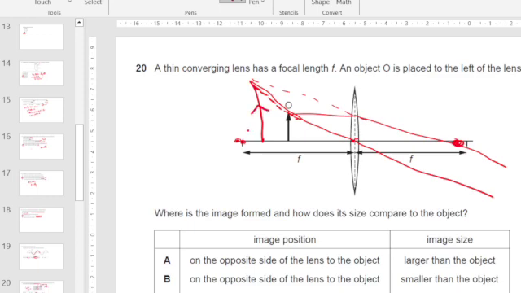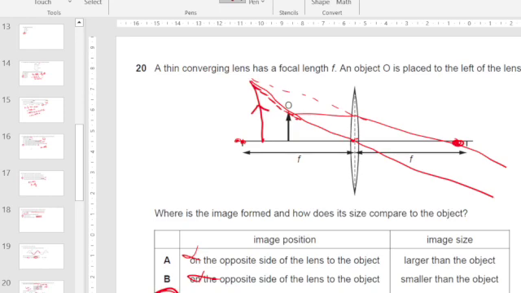So if you see this, among the four options, the image is appearing on the same side of the lens, not the opposite side. Opposite sides are ruled out. Same side of the lens, correct? And it's larger in size. Hence, option C is a correct option. Option D gives it smaller size.